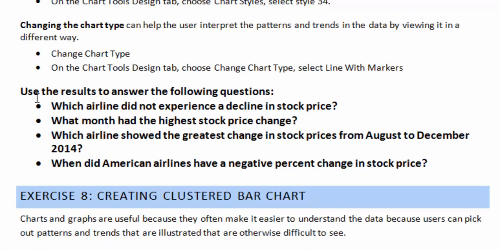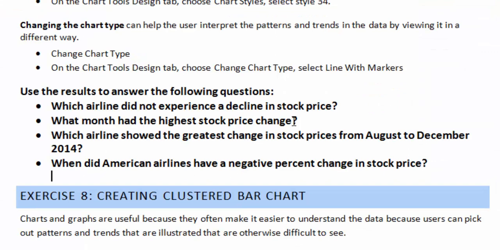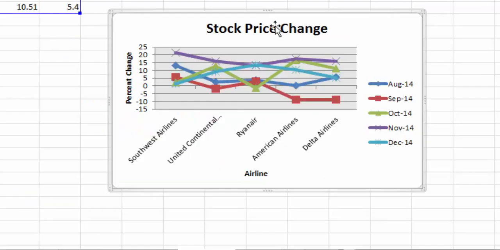And with that change, we can answer the questions. So this is how it looks. And question 1 says, which airline did not experience a decline in stock price? So analyze the chart. There's 5 airlines too.